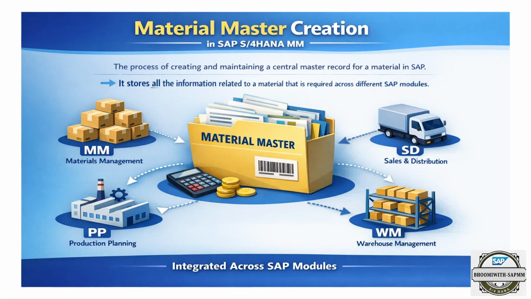Now, what is material master creation? Material master creation in SAP S/4HANA MM is the process of creating and maintaining a central master record for a material in the system.